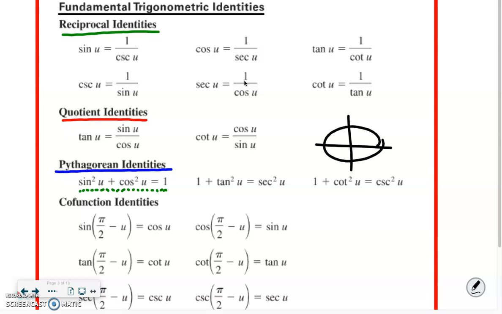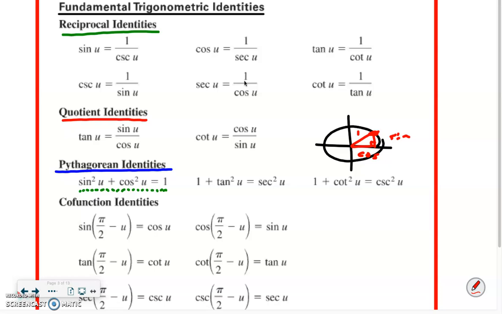If we were to pick any point on the unit circle, this is the cosine, this is the sine, I should have made this a lot bigger, and the fact that it's a unit circle is going to make the hypotenuse, or the radius, 1. So at that stage, is it making more sense, using the Pythagorean theorem that leg squared plus leg squared equals hypotenuse squared, or sine squared plus cosine squared equals 1?